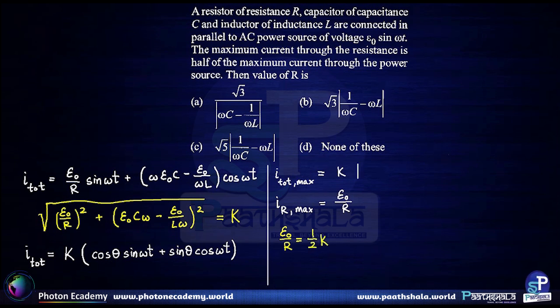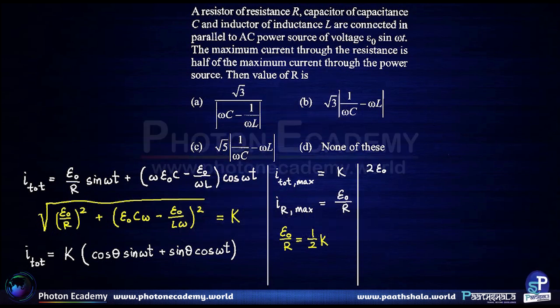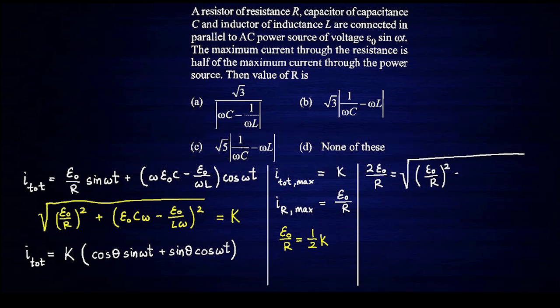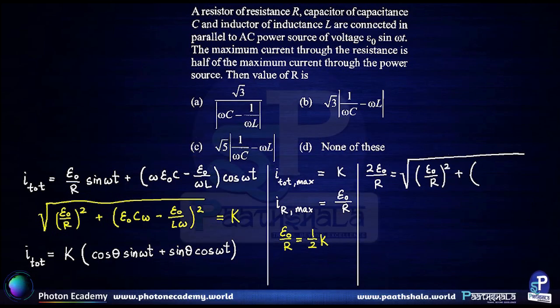So we can rewrite this part as 2 epsilon naught by R is equal to K, and I'll just write the full expansion of K here. Epsilon naught by R whole square plus epsilon naught C omega minus epsilon naught by L omega whole square.